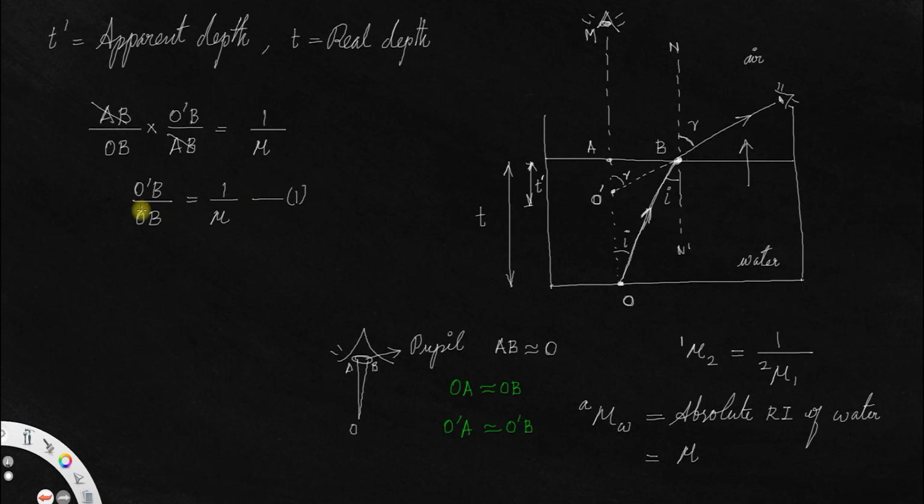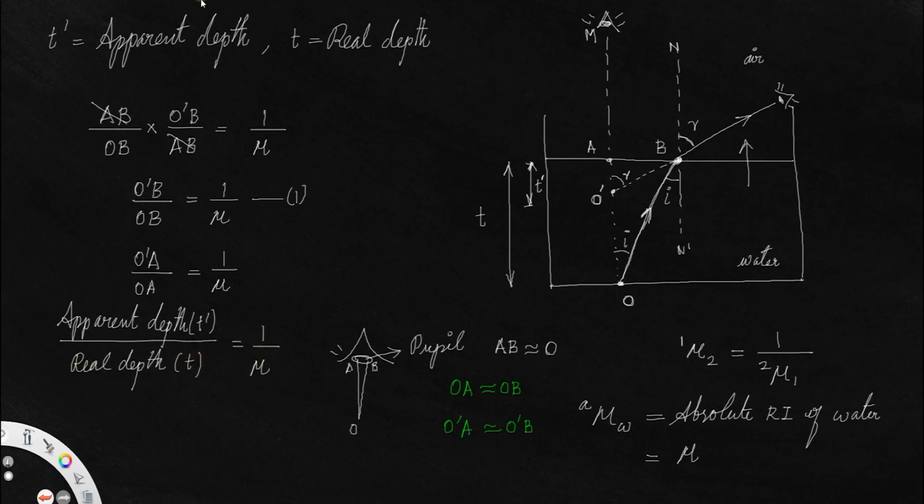So this equation 1 can be rewritten as O dash A by OA equal to 1 by mu. But we know O dash A is the value T dash, which is the apparent depth. So apparent depth, that is T dash, by OA, which is the real depth, that is T, will be 1 by mu.